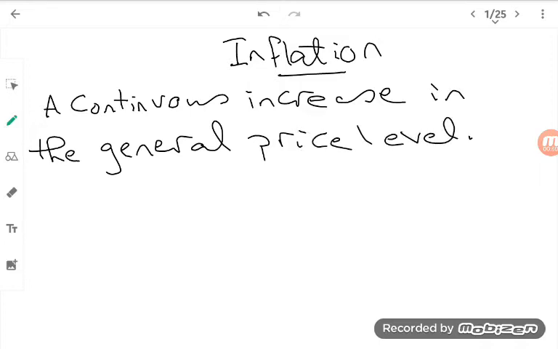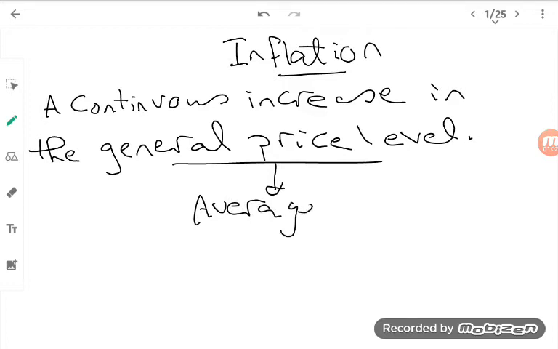And here we talked about the general price level, not only the price of a single commodity. So this is average prices, not for a single commodity, but for all products on average.